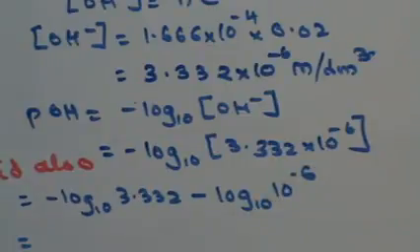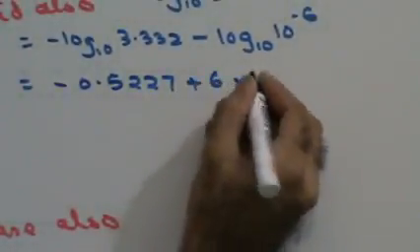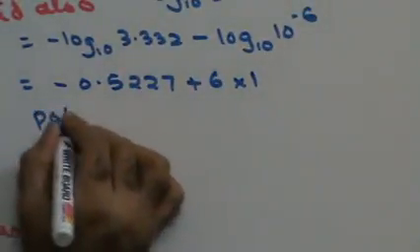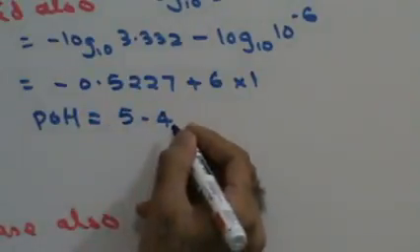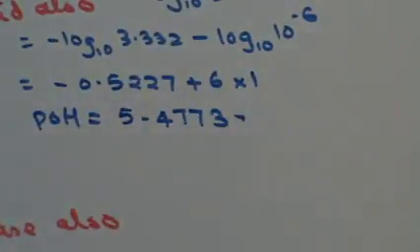In that case this is going to be minus 0.5227 plus 6, since log 10 to the base 10 is equal to 1. So you will get your value of pOH as 5.4773.